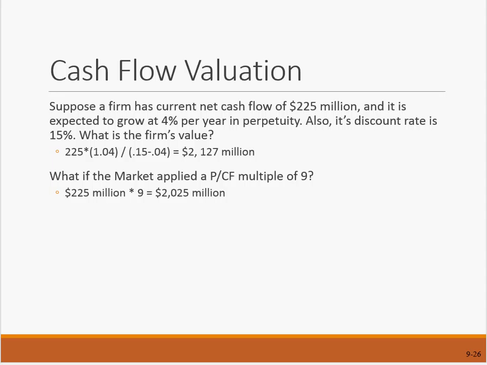And so if we're making an investment decision, we might choose to buy this company, because the value of the cash flows we're predicting exceed the value of the firm as described by the market.